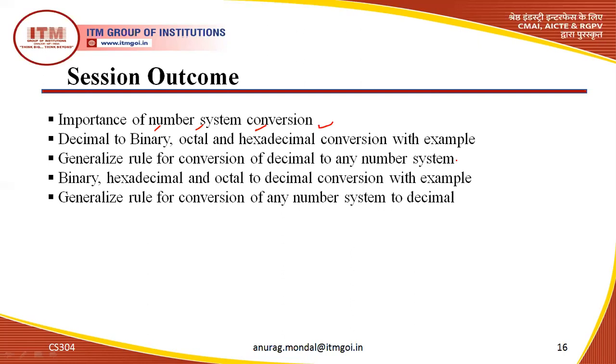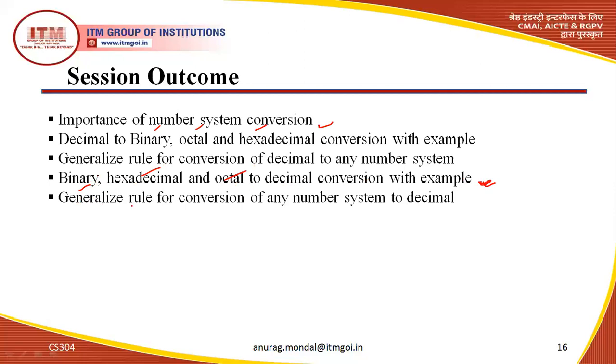From decimal to any other number system, what do we do? Divide into two parts. First part, we divide with the base of the number system. Second part, which consists of the point, we multiply with the base of the number system. Next, from binary, hexadecimal and octal, we just learned how to convert into decimal, and I have shown you with the help of examples.